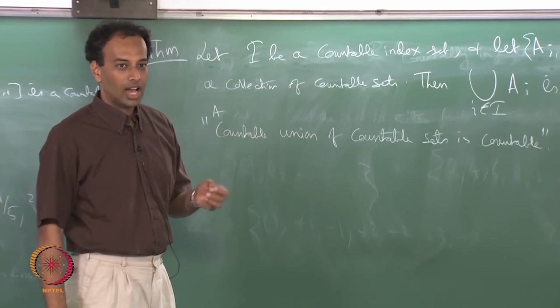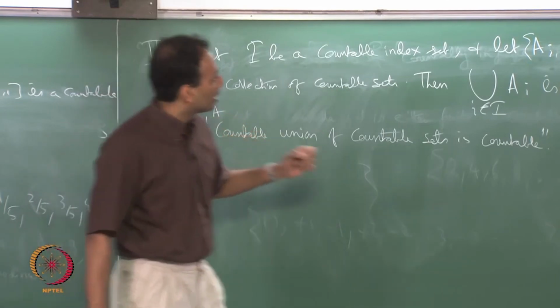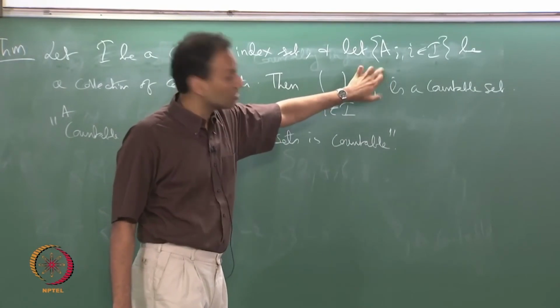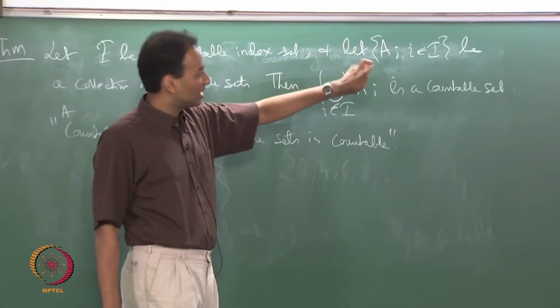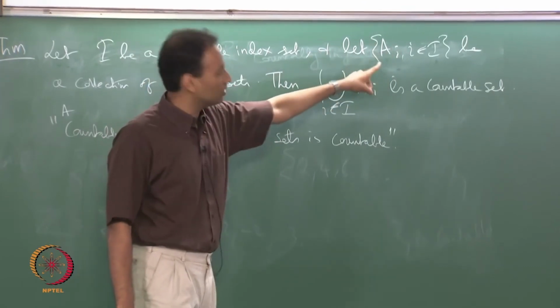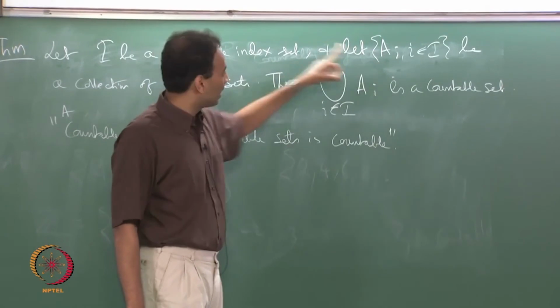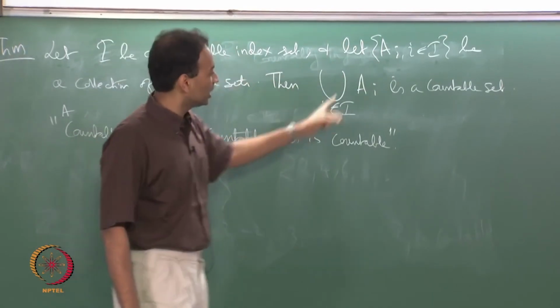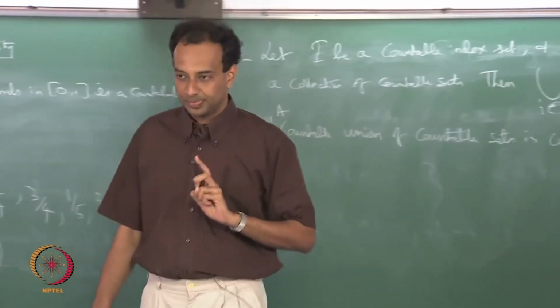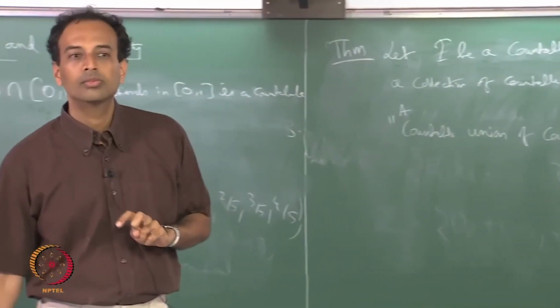For each such index I have a countable set A_i. Each of these A_i's is countable. Even if one of these A_i's is not countable, this is not true. So, if each of these A_i's is countable and I is a countable index set, then the union over I of A_i is also a countable set. Is that clear?